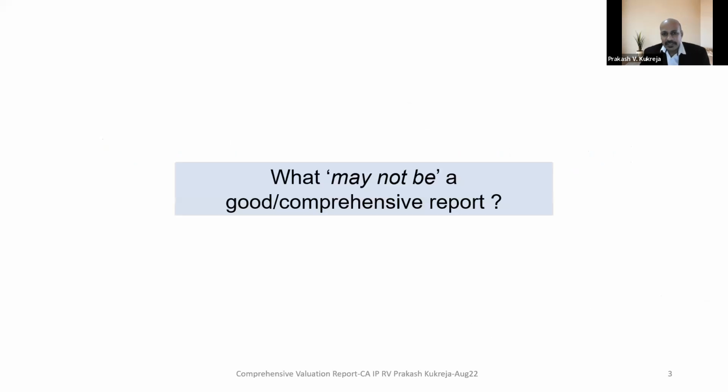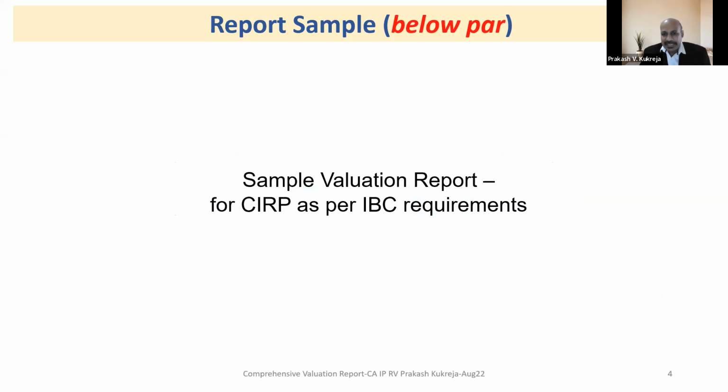Now, what I thought is that, first, to understand what could be a comprehensive valuation report, it is better first to see what cannot be one. Maybe that might give us some learnings also. So I have fetched a report for an IBC, Insolvency and Bankruptcy Code, case done by an RV SFA for a CRP.